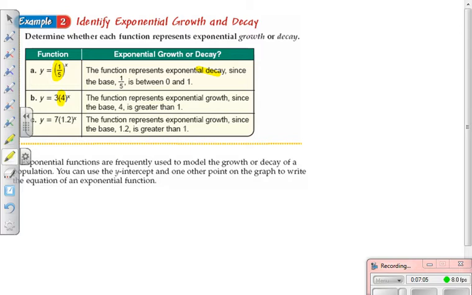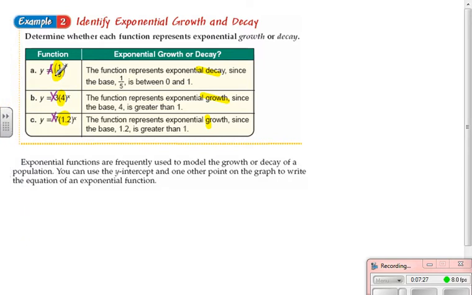If I look at this number right here, that is a growth graph because it's greater than 1. And if I look at this number right here, yes, it's a decimal, but it's a decimal greater than 1, so it represents growth. Again, this constant a out front has nothing to do with growth or decay.